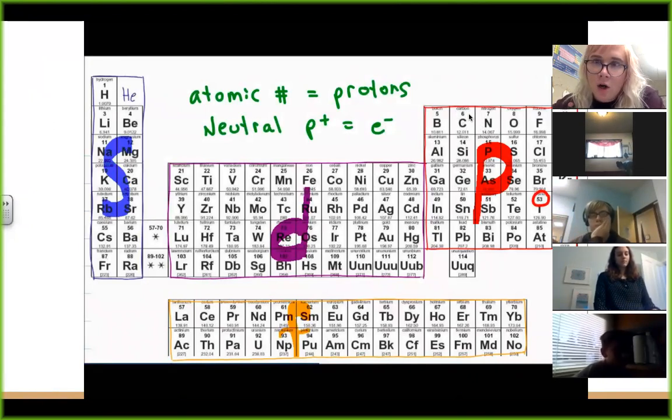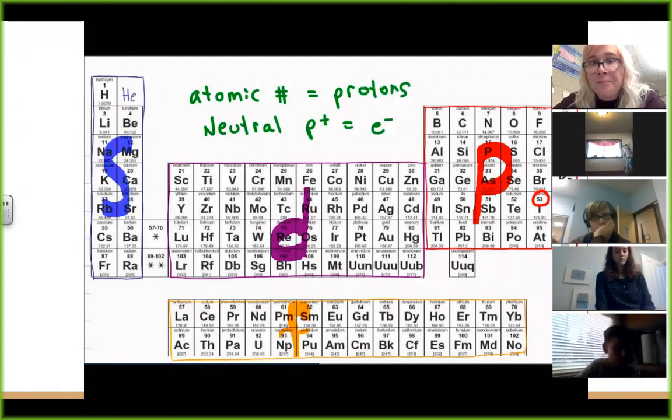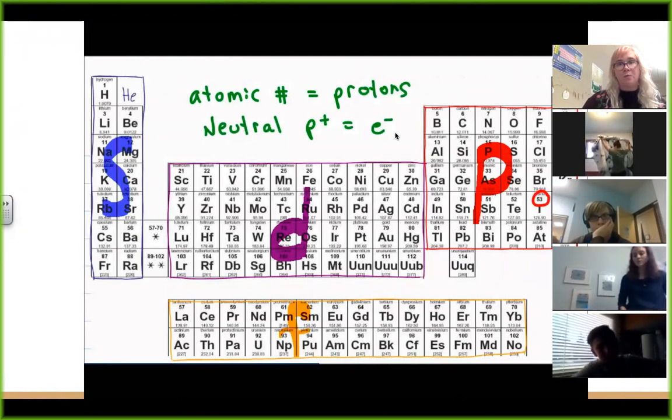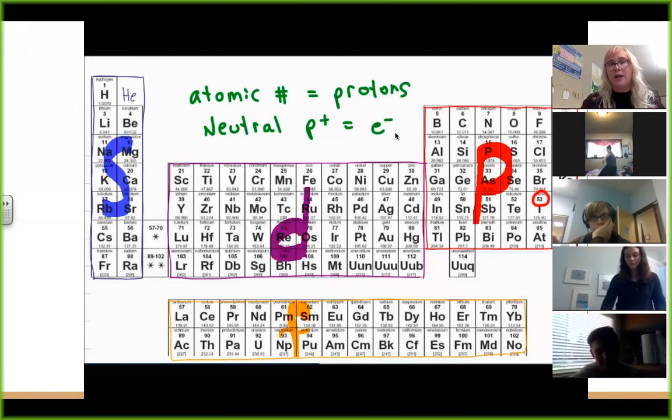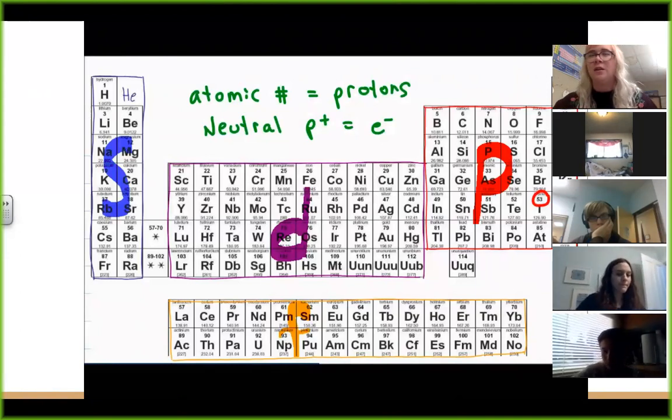We know that means that carbon has 6 protons, right? In a neutral atom, which we pretty much are only dealing with neutral atoms right now, we also know carbon has 6 electrons, right? Because we have to have protons and electrons equaling each other for an atom to be neutral. Okay, well, we know carbon has 6 electrons, but then the next question is, how are they oriented?